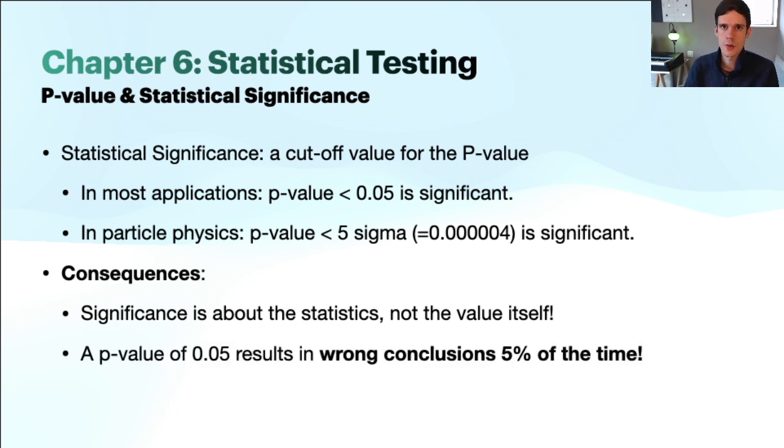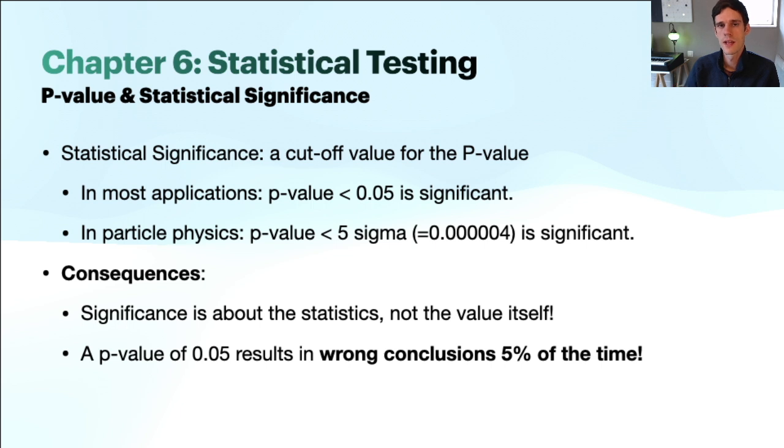The second consequence is that if you take a p-value of, let's say, 5% or 0.05 as being the boundary of being statistically significant, so the boundary of extrapolating your conclusions from a sample dataset to the entire population, you will be wrong 5% of the time. And this can be quite dramatic.